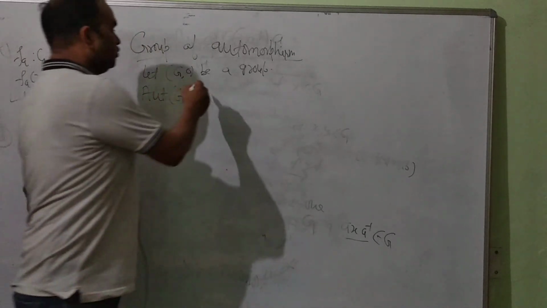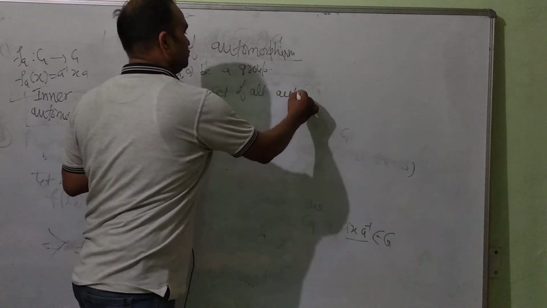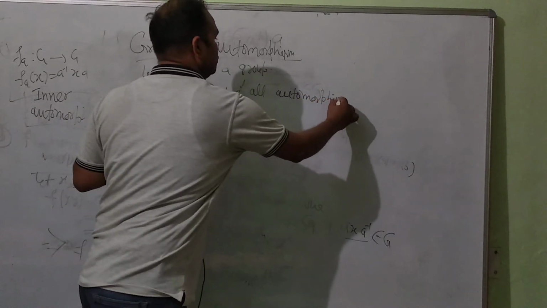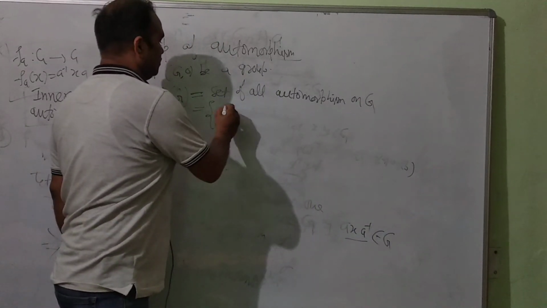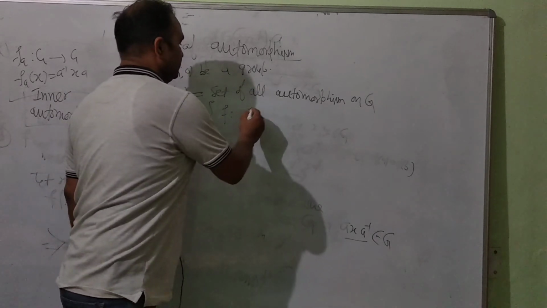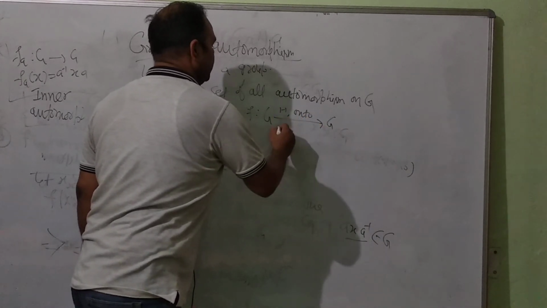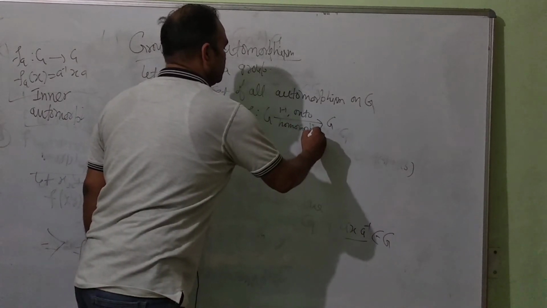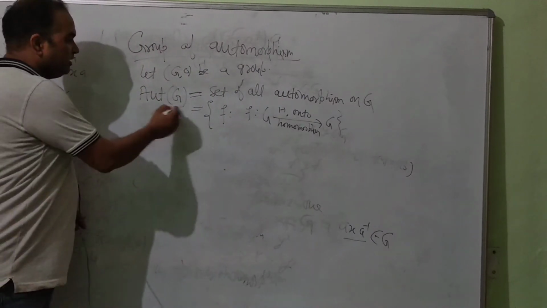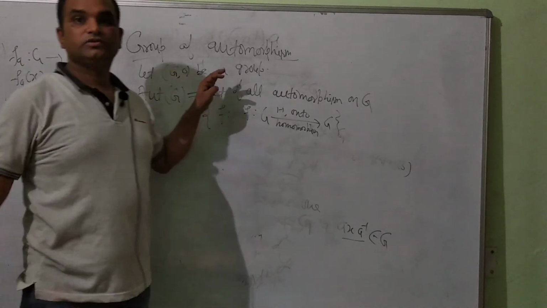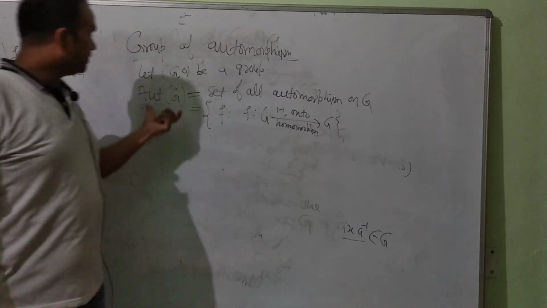Aut G, this is the notation of the set of all automorphisms on G. So this is the set of all functions f such that f is a function from G to G where f is 1-1, f is onto, f is a homomorphism, right. तो ये आपका Aut G क्या है, Aut G नोटेशन है द सेट ऑफ ऑल ऑटोमॉर्फिज्म. तो सेट ऑफ ऑल ऑटोमॉर्फिज्म का हमारे पास ये नोटेशन है, ध्यान रखिएगा.